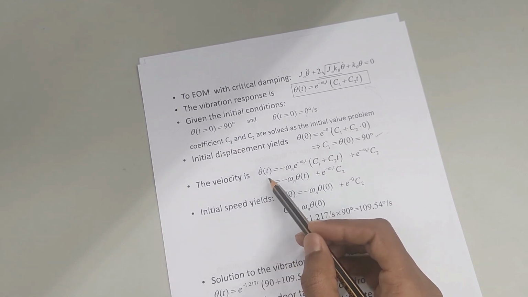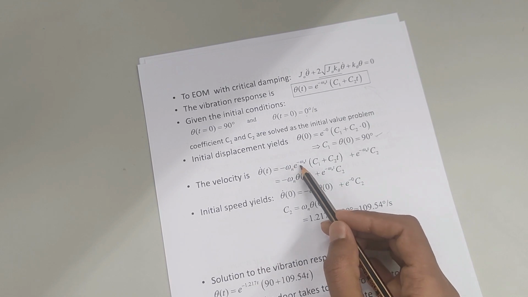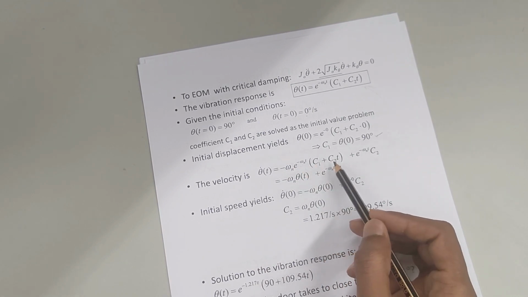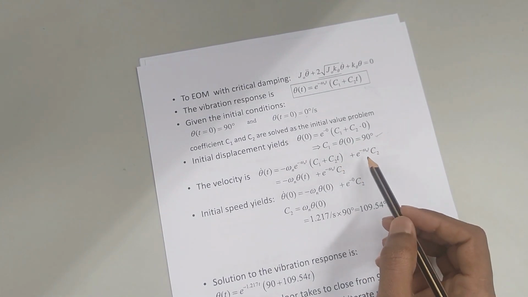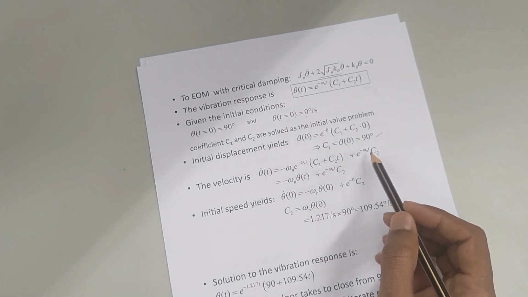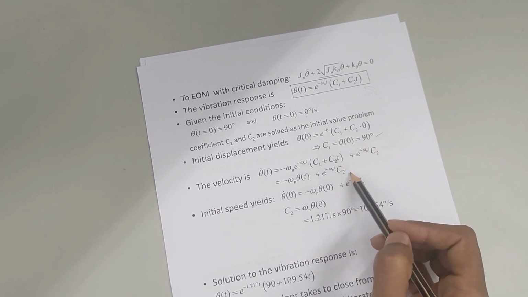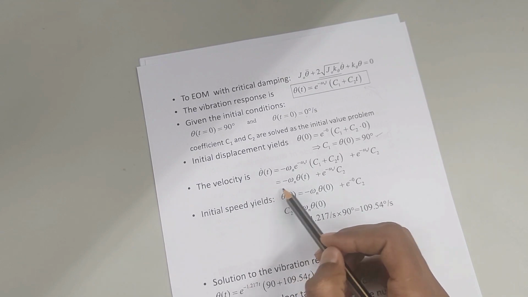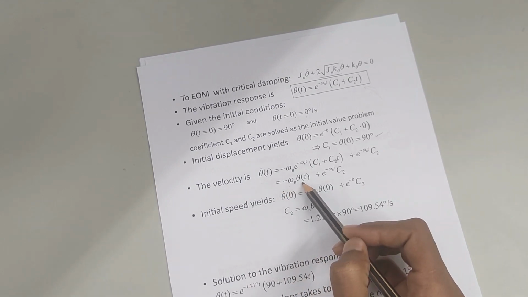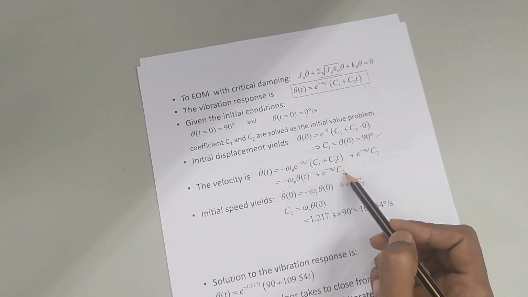So theta dot t is equal to minus omega n e to the power minus omega n t (c1 plus c2 t) plus e to the power minus omega n t c2. We already know the value of c1, so we can put it directly here and solve. We will get the velocity theta dot t is equal to minus omega n theta t plus e to the power minus omega n t c2.